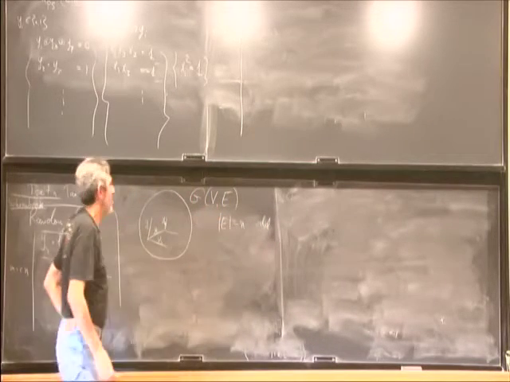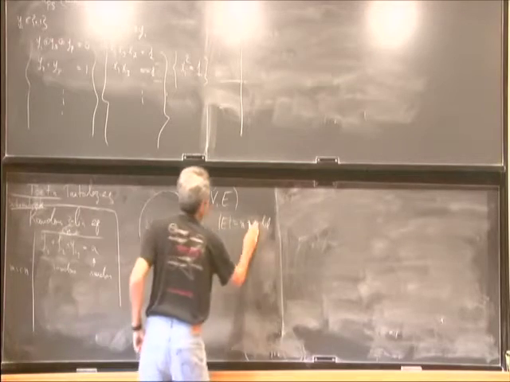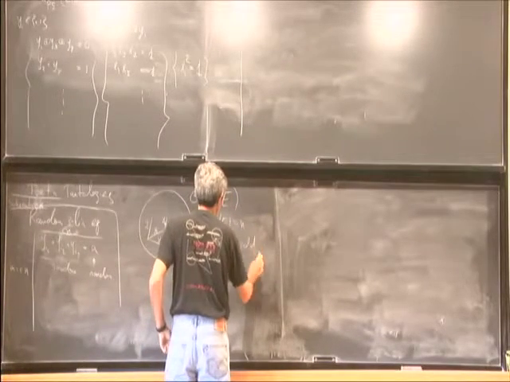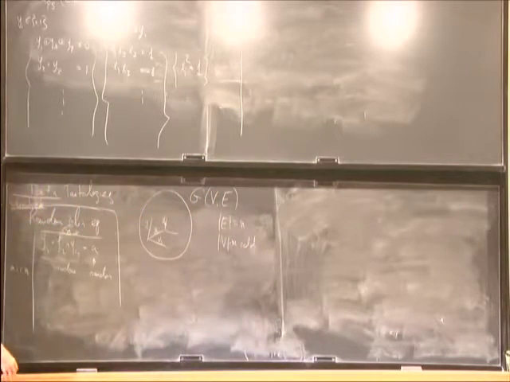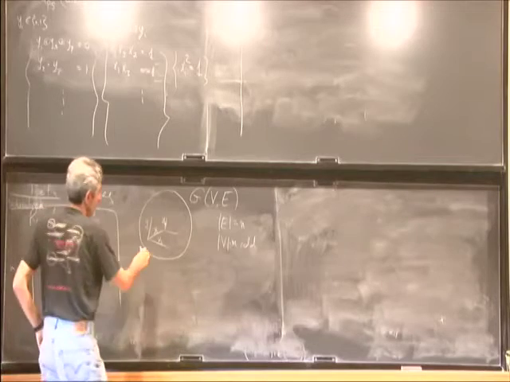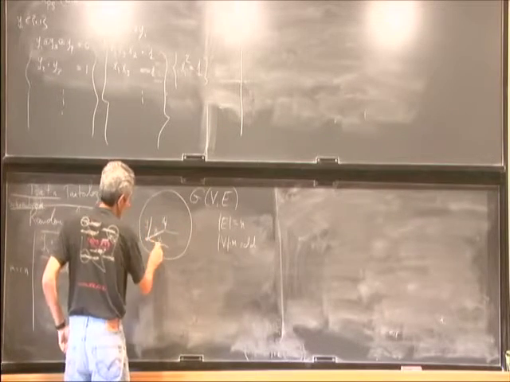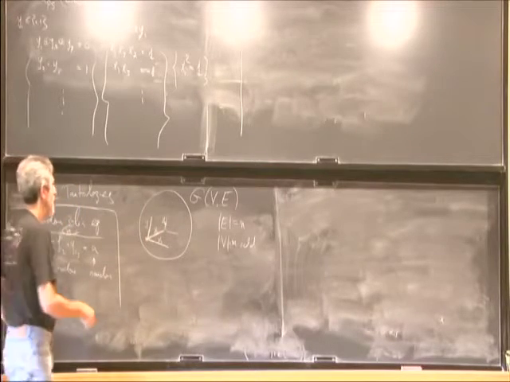One can deal with even ones, but let's assume it's odd. Then what you will require is that the sum of the variables of every edge touching a vertex will be 1.